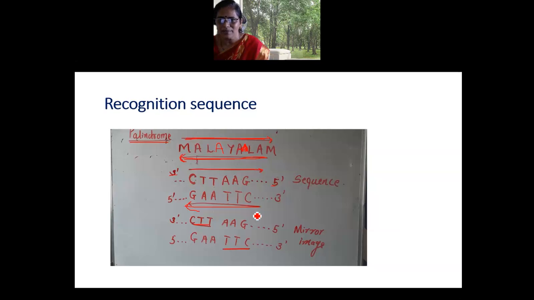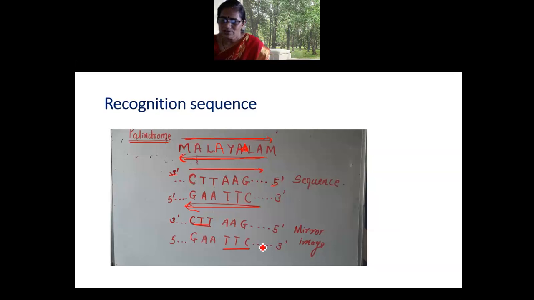How can the enzyme recognize the DNA where it has to cut? When the enzyme is applied on the DNA to cut that DNA, here it has to recognize that sequence. The sequence is like a palindrome. Palindrome means a group of letters which makes the same word.